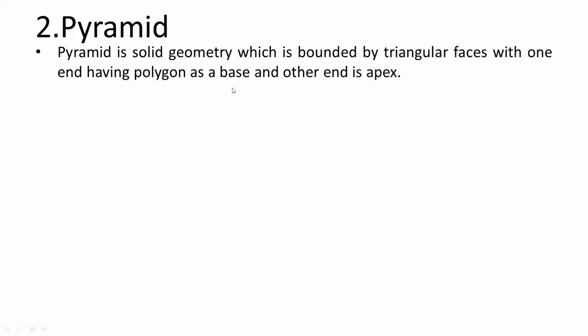The next solid geometry is the pyramid. The definition of a pyramid is the solid geometry which is bounded by triangular faces, with one end having a polygon as a base and the other end being the apex. Okay.